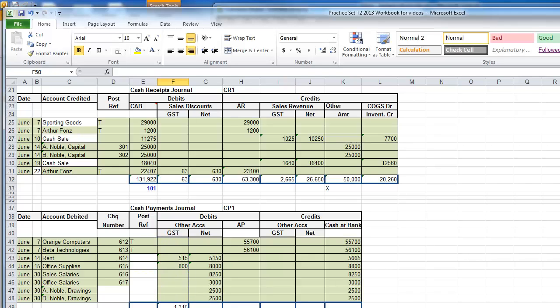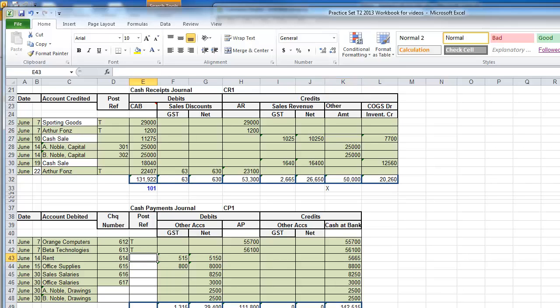Now we'll post the GST in total. We'll post accounts payable in total. We'll post here credits, GST, and well, there was none, and cash at bank. We'll post in total. Again, the credit, cash at bank, we've spent money, our cash at bank will go down. But these bits here we need to post individually.